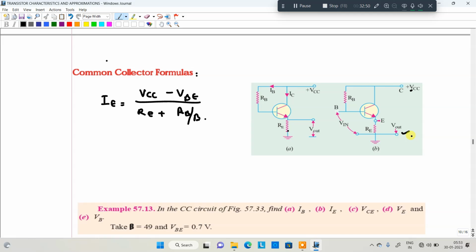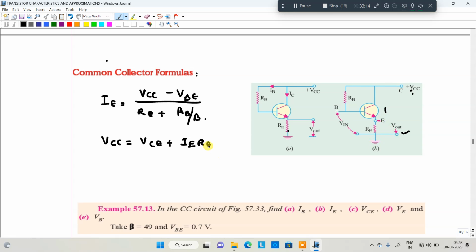Next, VCC is equal to VCE plus IERE, in the case where the emitter is grounded and the output is taken here.